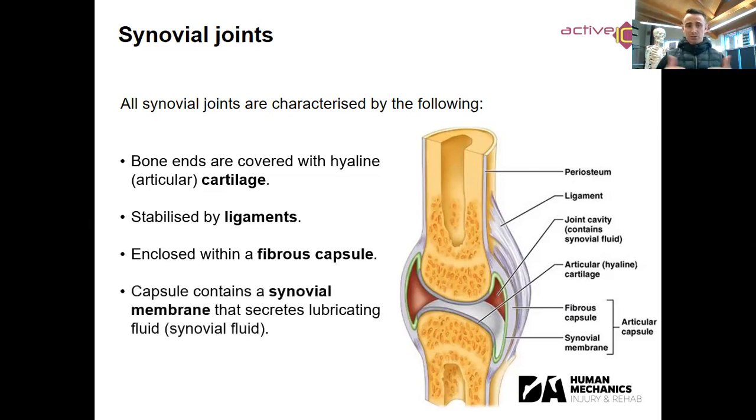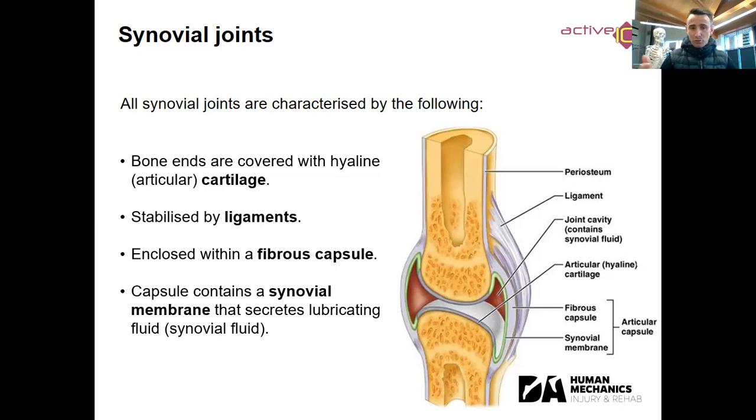Underneath the fibrous capsule, we have a membrane, a synovial membrane. A membrane, as we know as a generic term, is there to hold stuff in as well. So the membrane holds in this synovial fluid, and the fluid sits within the joint cavity, in the space.